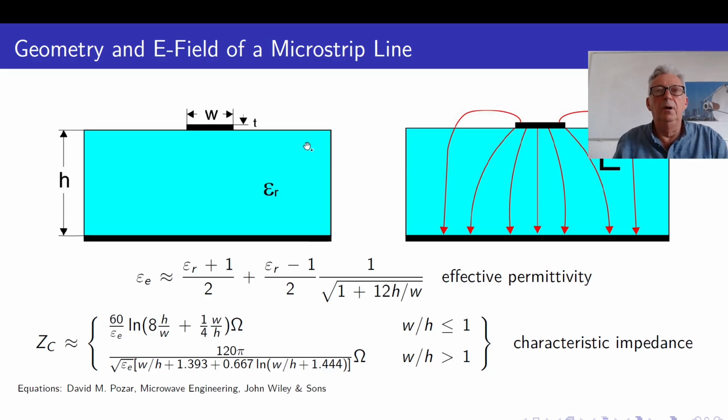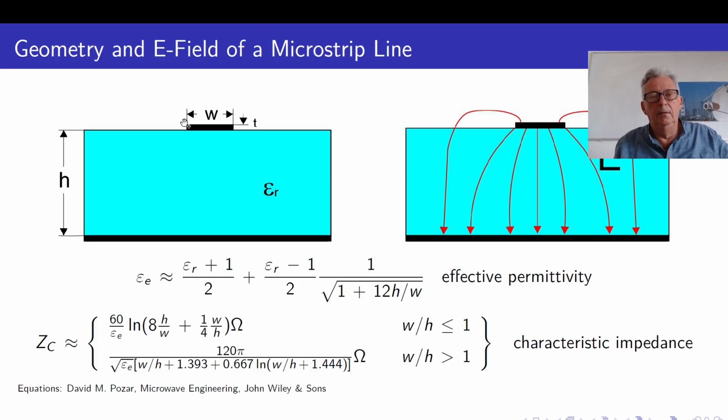The microstrip line is essentially constructed using a certain substrate with a certain epsilon r, and this substrate will have a certain height. We will have a ground plane, and we will have a strip on the top which has a certain width, and the metallization will have a certain thickness.